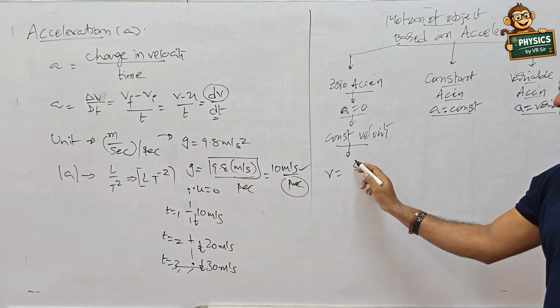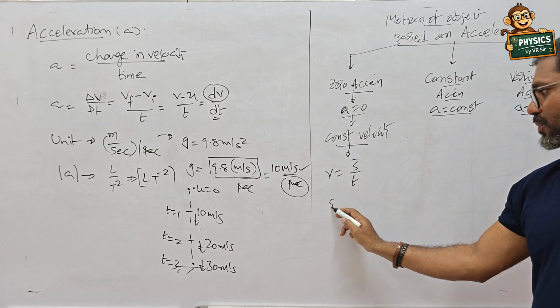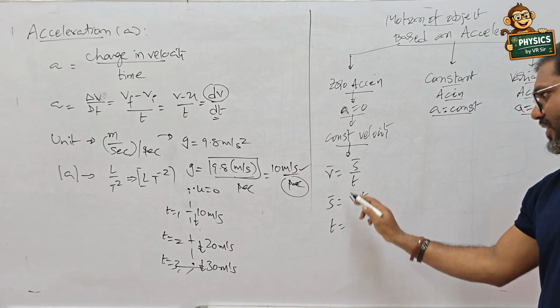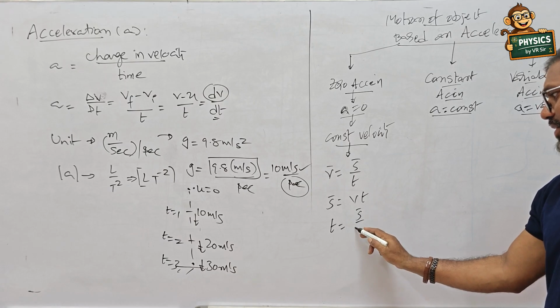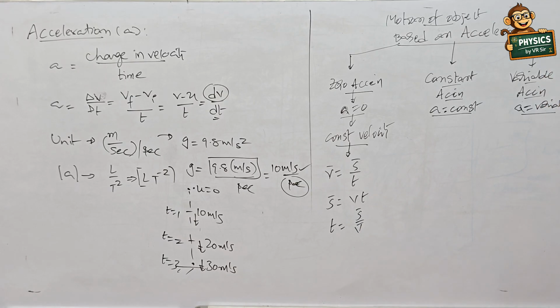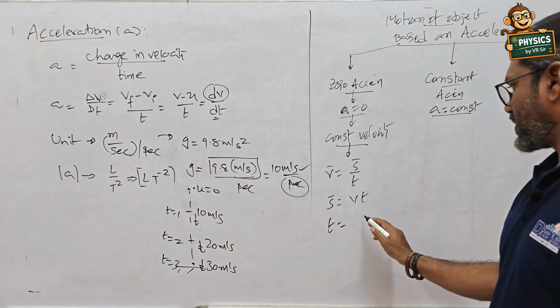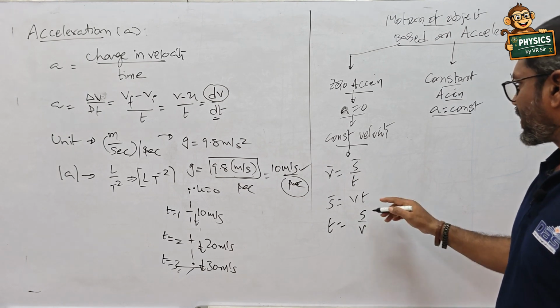Velocity we define as displacement upon time, right? And displacement is given as velocity into time. And time is given as displacement upon velocity. And wherever we want to write the time, we can write it as S by V.